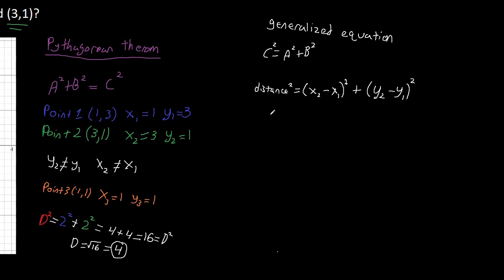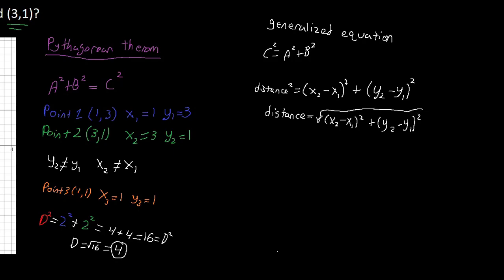If we want just the distance, that's going to be equal to the square root of x2 minus x1 squared plus y2 minus y1 squared. Let's pull the radical over.